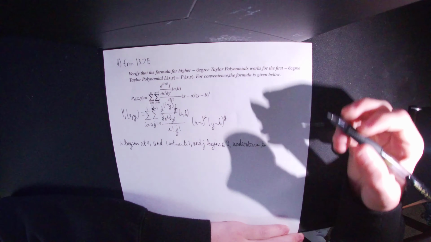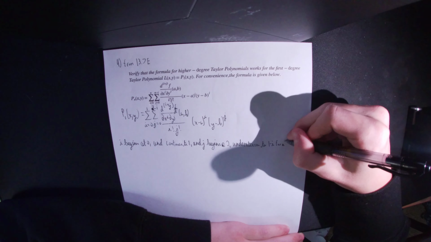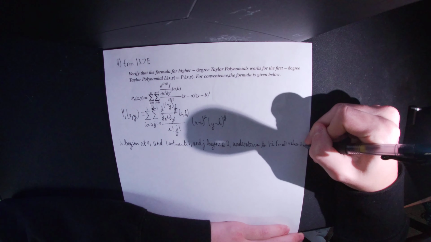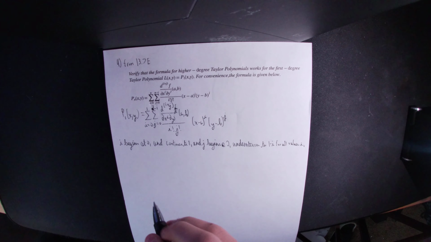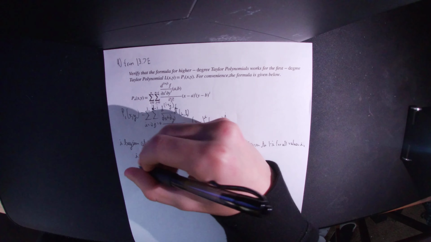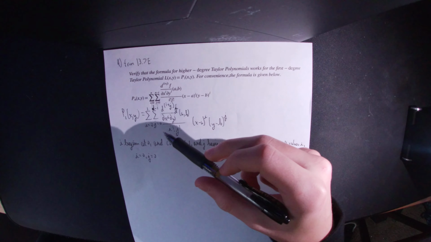That should of course be 1 minus i for all values of i. We'll find that the possible values for i and j begin at i equals 0, j equals 0.